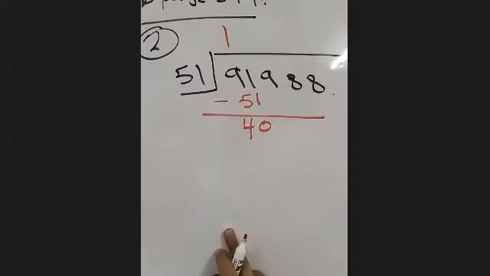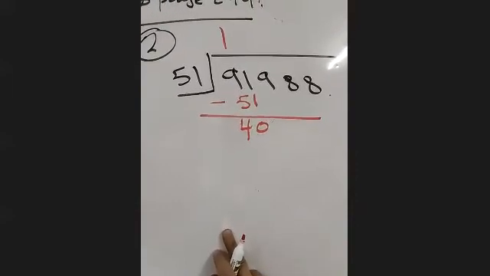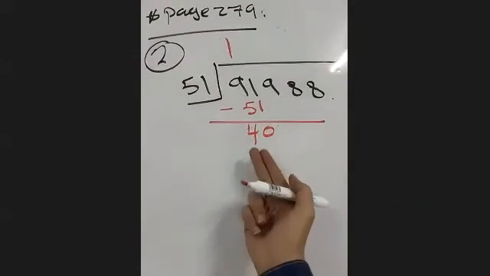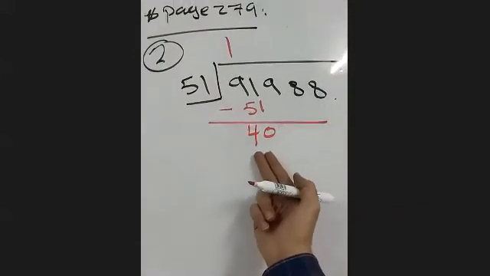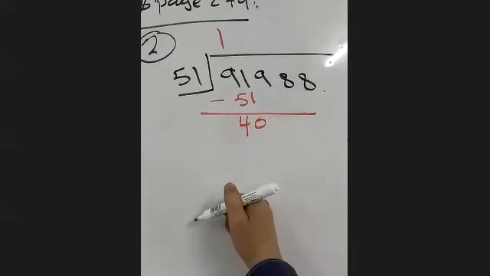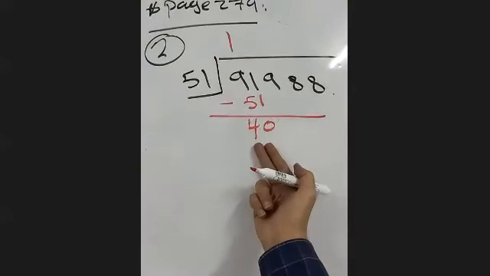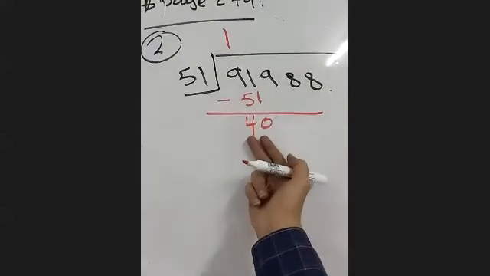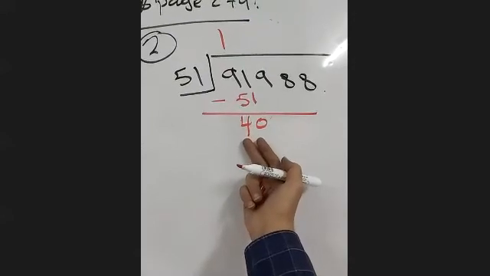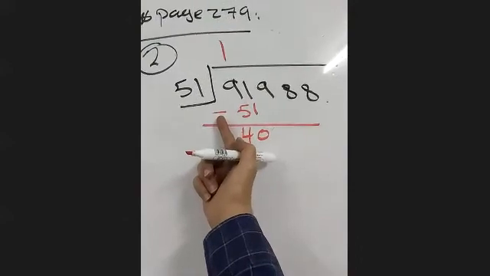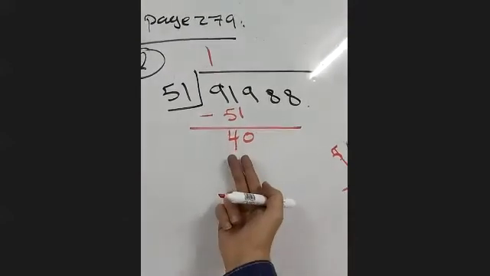40 divided by 51 we can't. No, we don't divide this. This is remainder after the subtraction. After we subtract, we guess, we check.